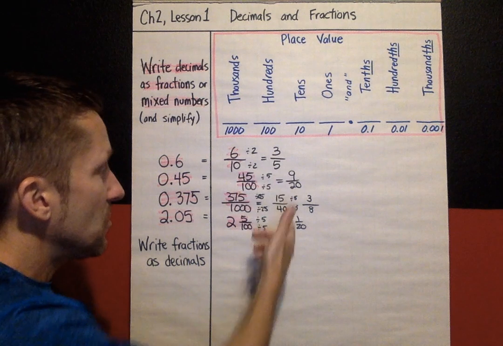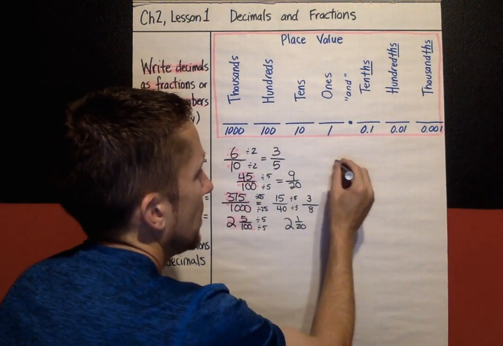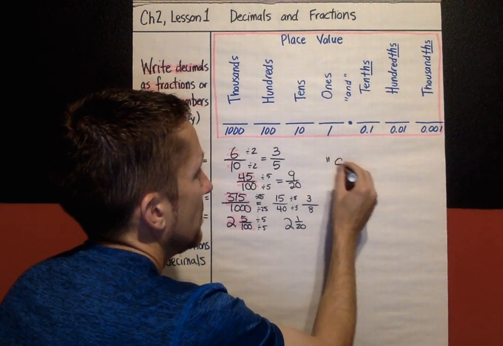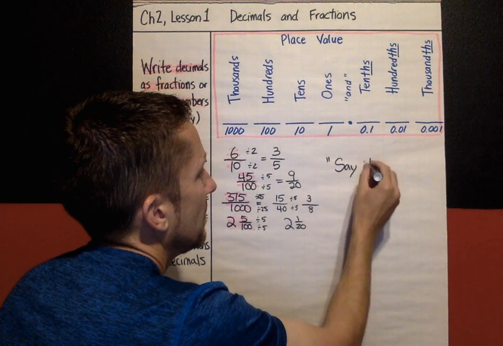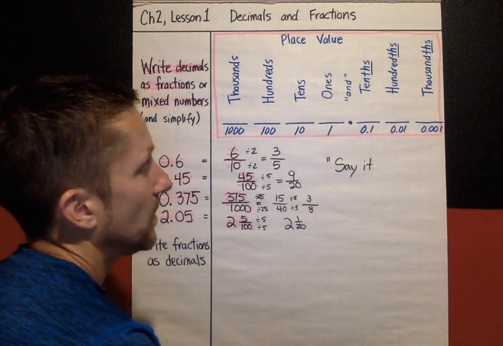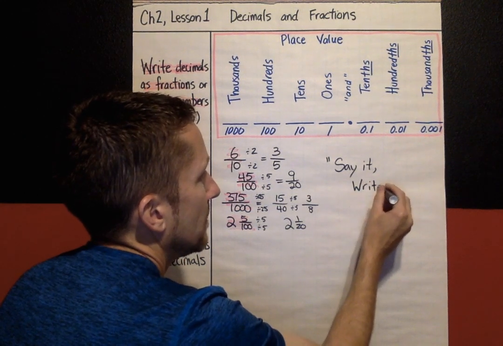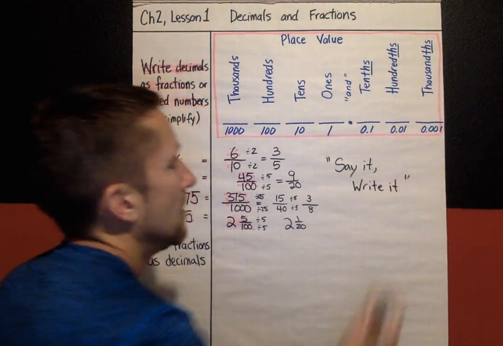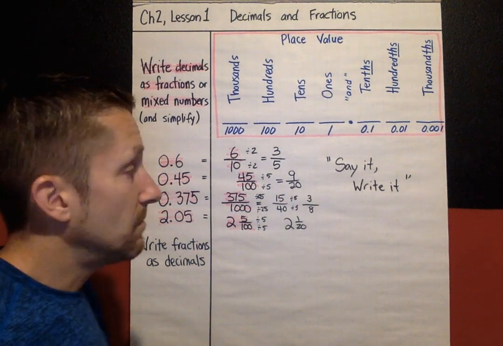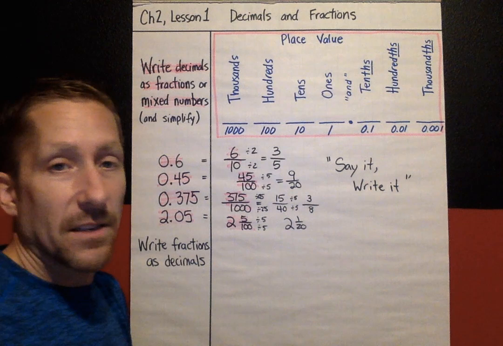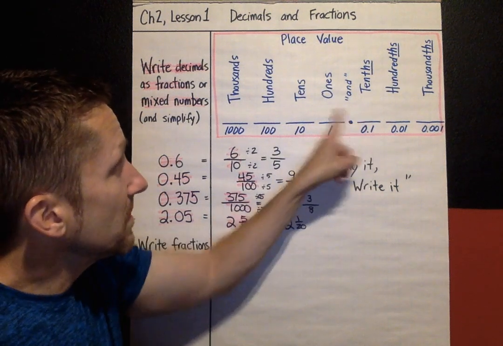And then you may simplify if you can. So put the decimal into the place value, say it, and then write it. If you can put it into the place value chart and say it, the fraction is what you're saying. Write down what you're saying, like 6/10.